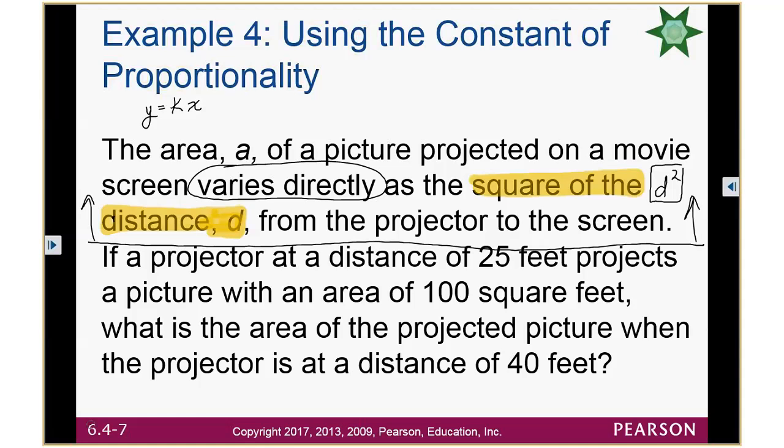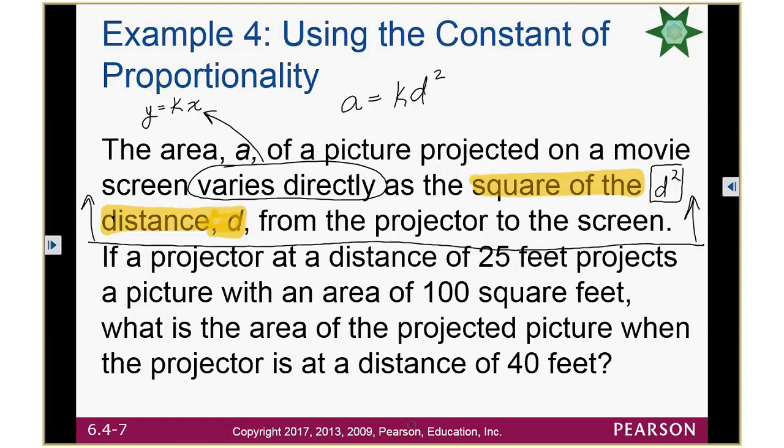That comes from this. The area, what is A going to be? Where are you going to insert A for? Y. Because you read from left to right, and Y comes first, A comes first. So, the area on the movie screen varies directly as the square of the what? Distance. So that'd be K times what? D squared. And now you're ready for the second part.